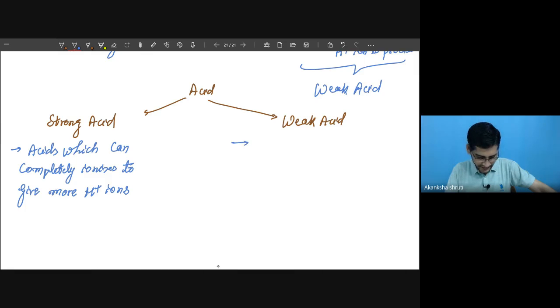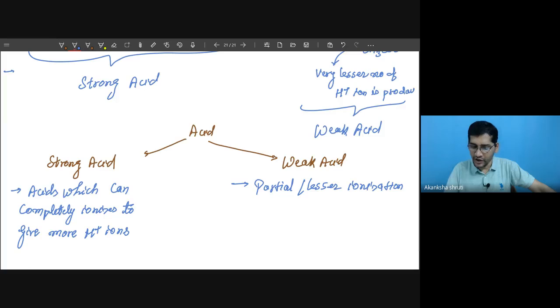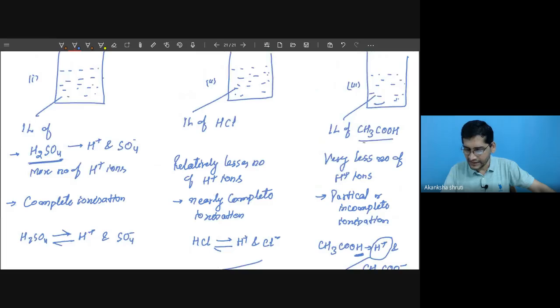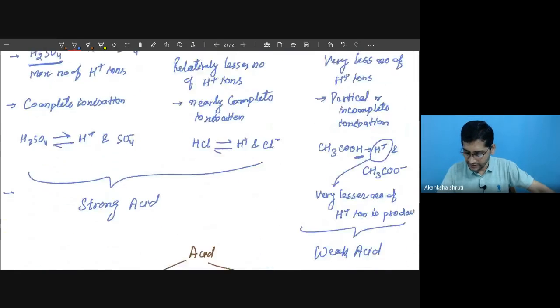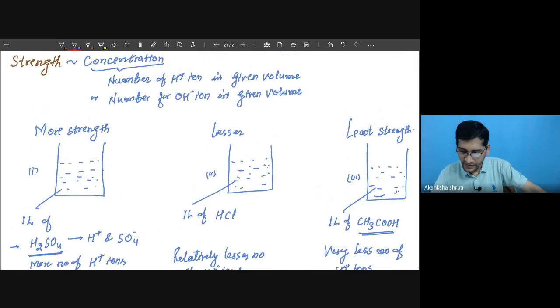Here in weak acid, there is partial or lesser ionization, which means not all the molecules will ionize. Say in this third case, if I am considering acetic acid, and there is, say, 10 to the power 20 acetic acid molecules, then out of this only around 10 to the power 9 is going to ionize.